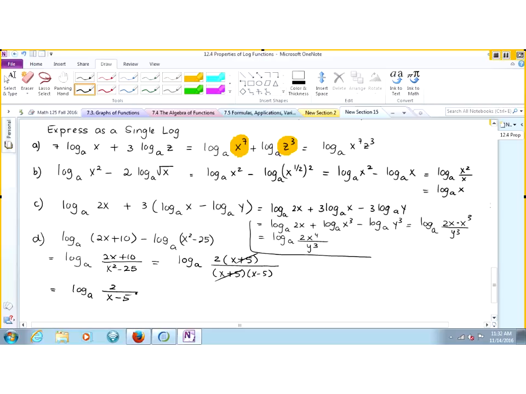All right. Are we okay so far? Good? Okay. Now, I am done with 12.4, which is properties of logs. So we have 8 minutes. So let's just do the summary. And tomorrow we will start 12.5.